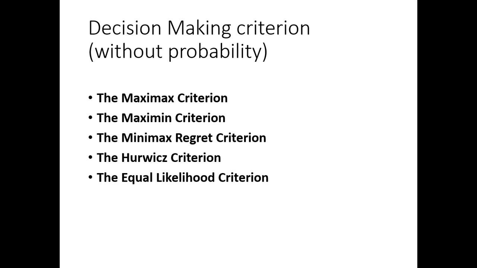These are the 5 tools or methods we have got in decision analysis without probability. When we do not have any mathematical probability, we call it without probability, and we have 5 methods.